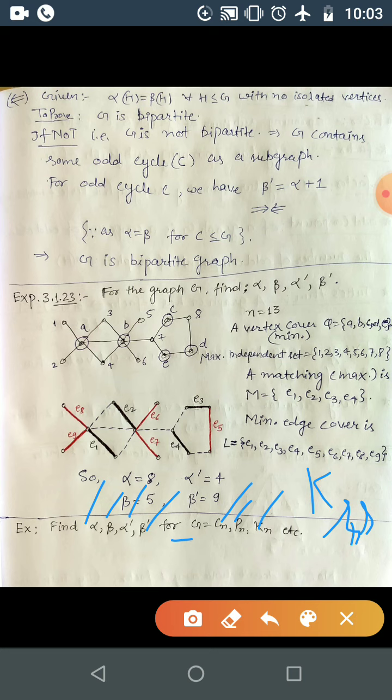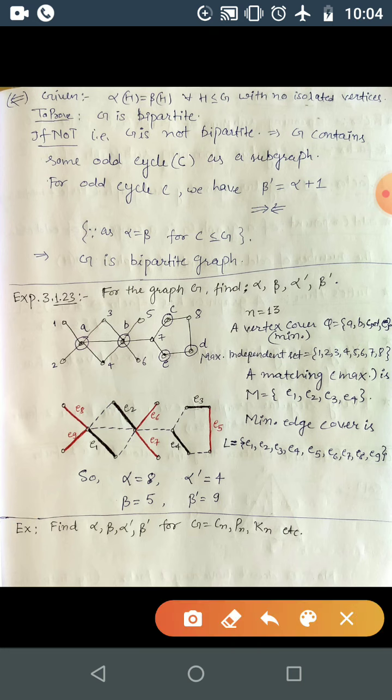Okay, and if you are interested in finding more, then you can consider more well-known graphs, okay, like Petersen graph and all that. Okay, cubic graph, that is Q_k, that is the cube in k dimensions and so on. Okay, wheel you can just take, and for all that you can find all these parameters in general.